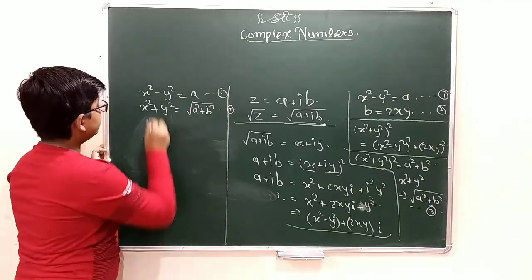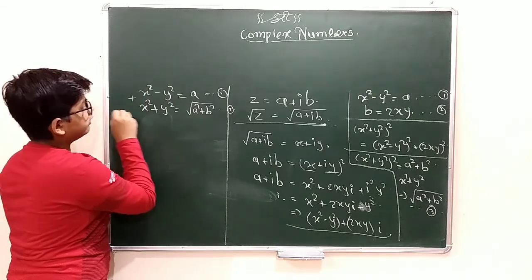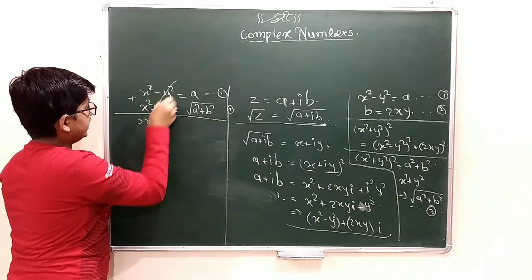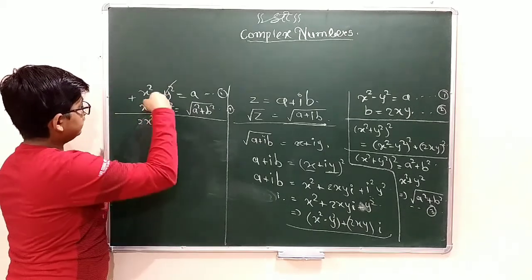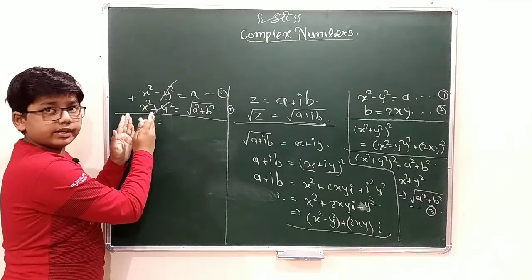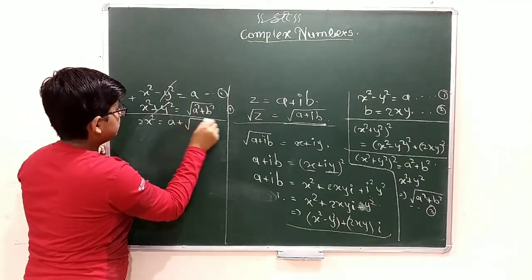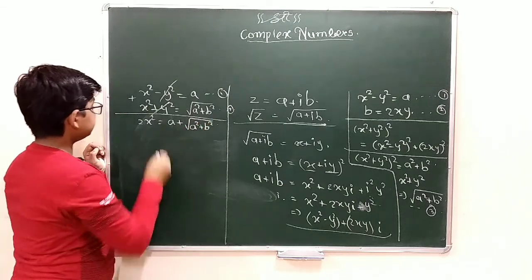Now if we add it, then what will we get? X squared plus x squared will give 2x squared, minus y squared will get cancelled with plus y squared. So on LHS we'll get 2x squared, on RHS we'll get a plus square root of a squared plus b squared.